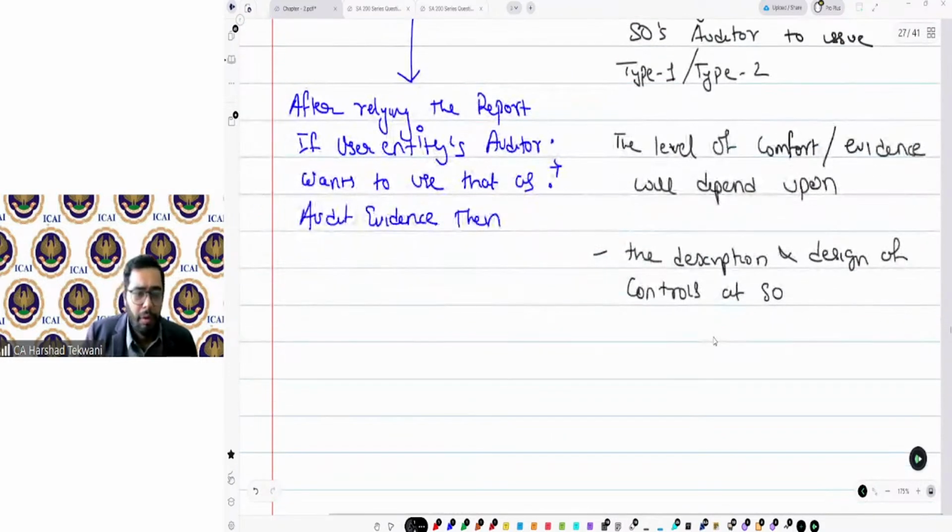Then the sufficiency and appropriateness of the evidence provided by the report for the understanding of user entities' internal control.